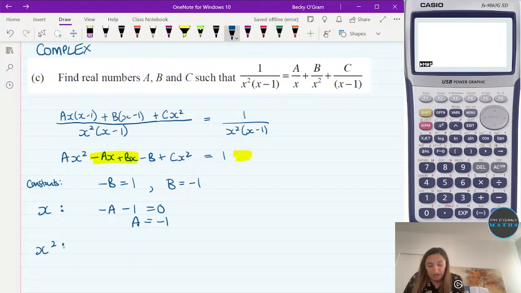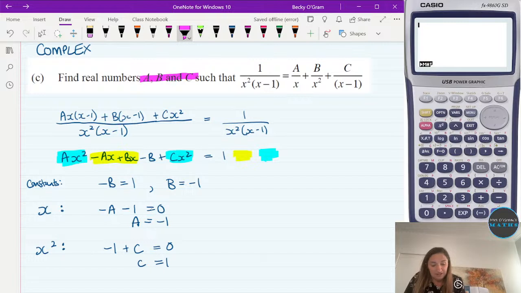Finally, we'll look at the x squared terms, and for these, on the left we have ax squared and cx squared, and on the right again we have none. So we'll set those equal to each other. A plus c is equal to 0. A we just worked out to be minus 1, so c must be 1. And there's our 3 values for a, b, and c.